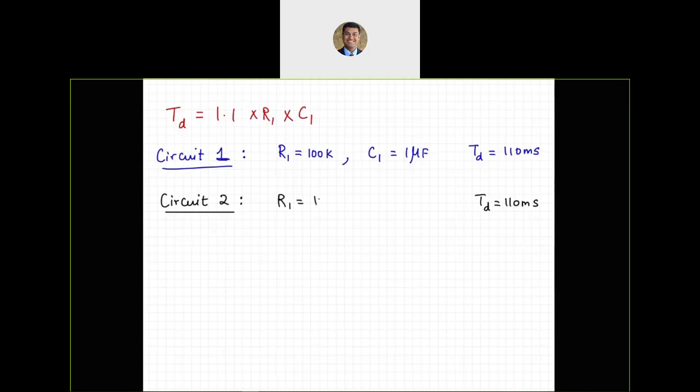I'm going to pick a value of 10K for R1 and I'm going to proportionally increase C1 to 10 microfarad. And as you can see, the product times 1.1 over here is 110 and over here as well is 110. So all I did was rearrange the product to have two different components for R1 and C1, which made the circuit behave slightly differently when it comes to the power consumption.